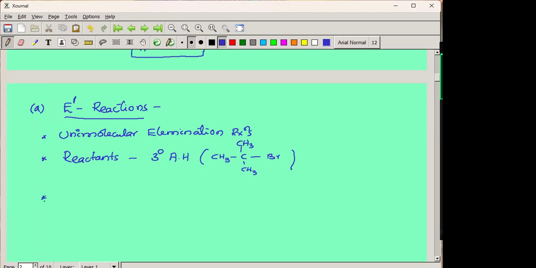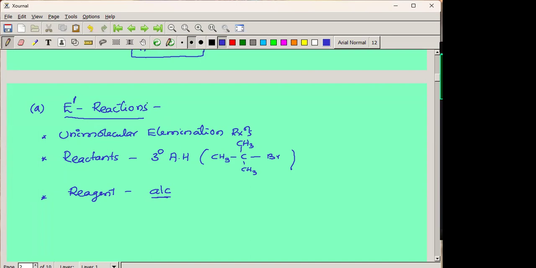So here reagent. What is the reagent in case of SN1 reaction? Strong base. In case of SN1 reaction, that is a nucleophile, aqueous KOH or aqueous NaOH. Here, what is the difference between elimination and substitution reaction?